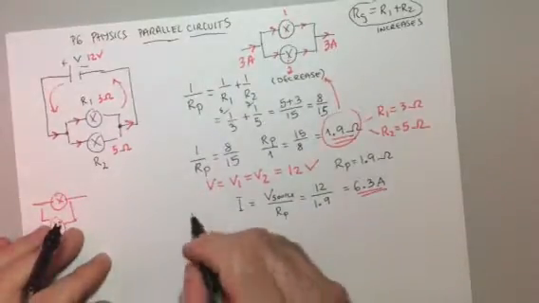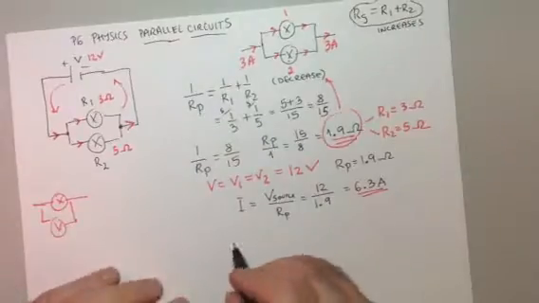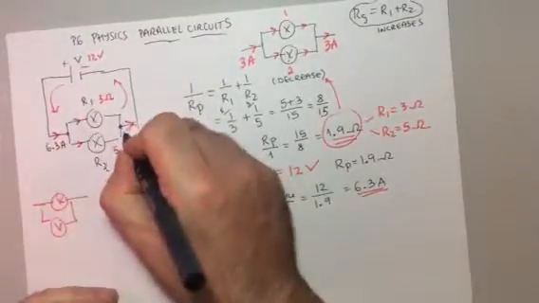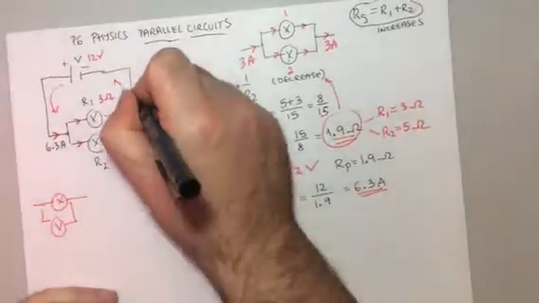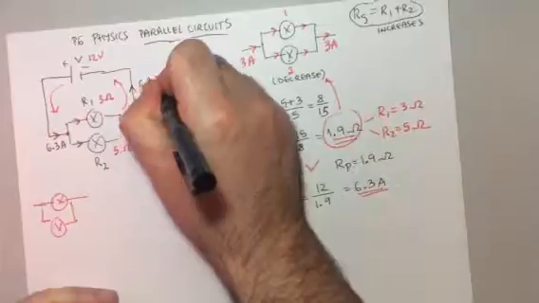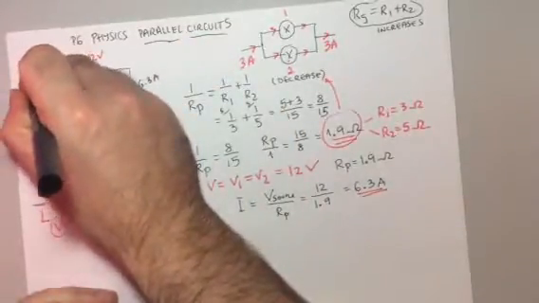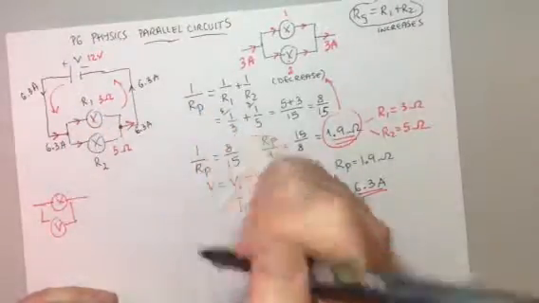Now let me calculate the current in the first and in the second one. At this point there are 6.3 amps, and at that point 6.3 amps are coming out. Here for example it's going to be 6.3 amps, and there it's going to be 6.3 amps. But inside this loop, the situation changes.